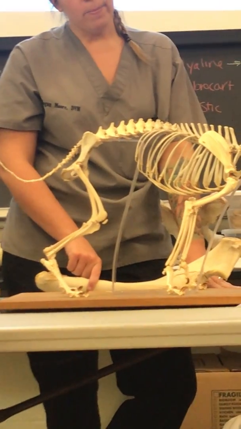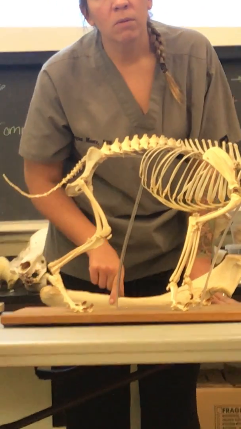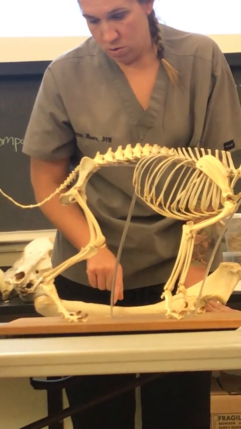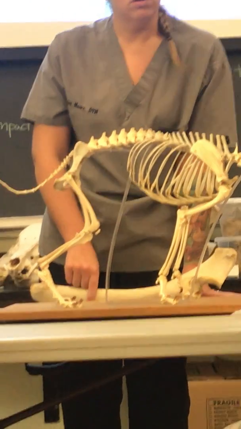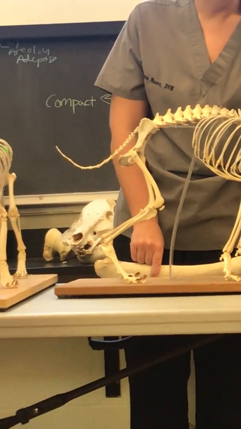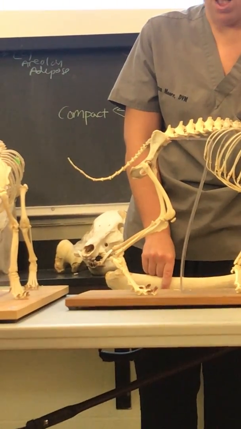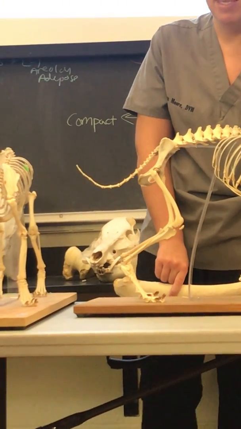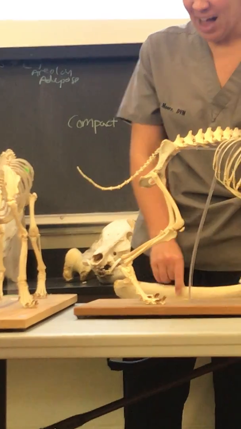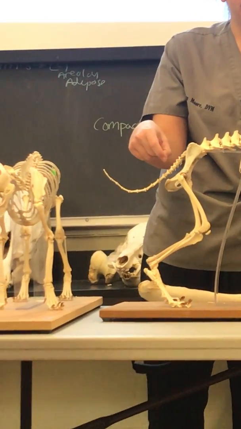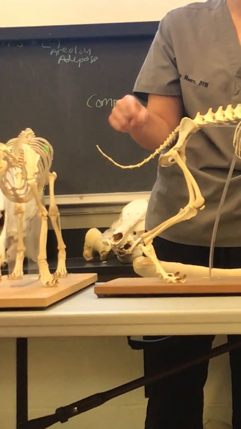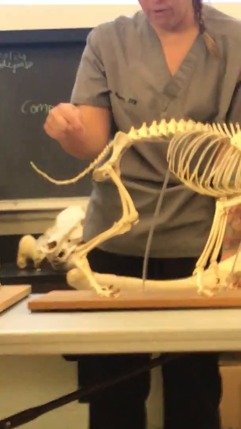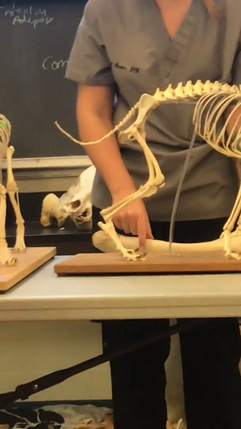The hole in the middle, so it's lighter. So what are the holes called? Foramen. What kind of foramen? Obturator foramen. The obturator foramina are the two holes in the pelvis.